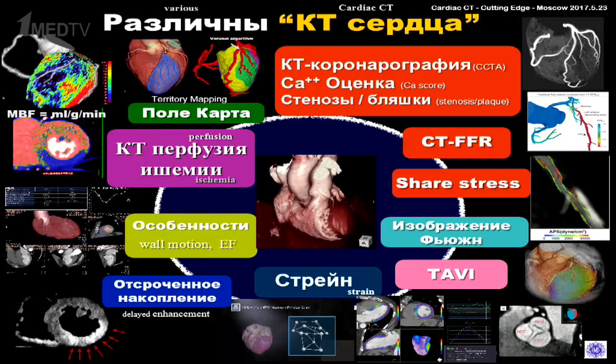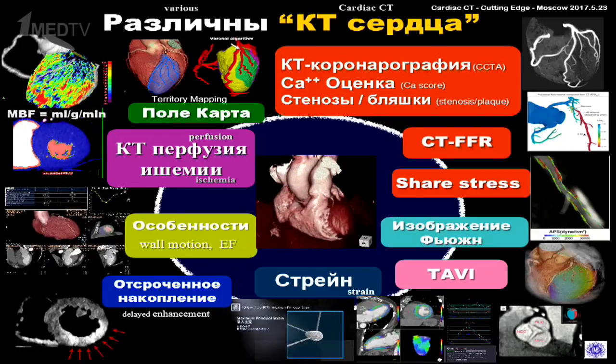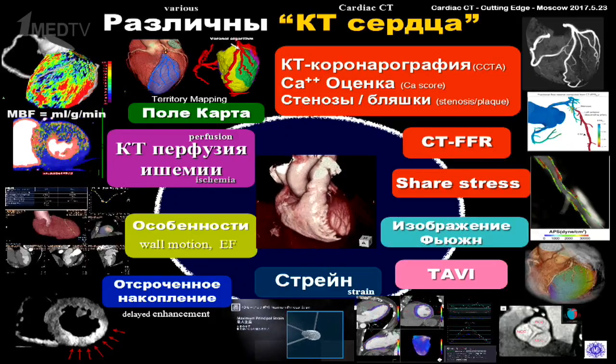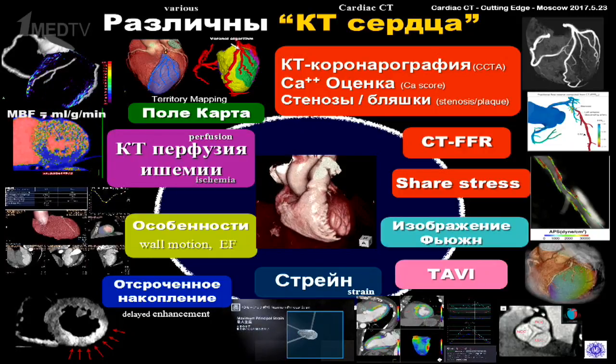CT can assess the strain like MR, and delayed enhancement like delayed MR gadolinium enhancement, and the cardiac function, perfusion, and coronary territory mapping.